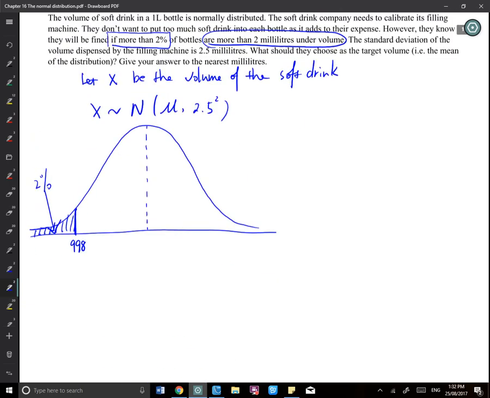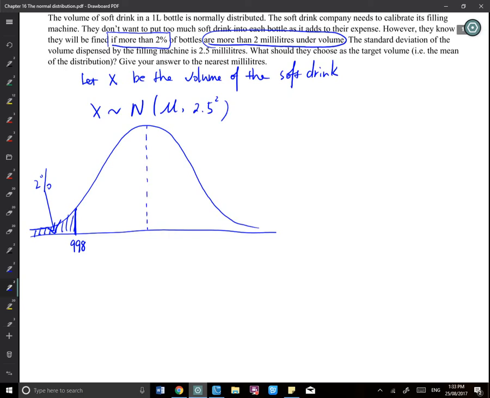If you have, let's say, after 3 standard deviations, there's almost no area under the curve, right? 99.7% is within 3 standard deviations. The rest in total is 0.3%, so very little. So let's have a think.